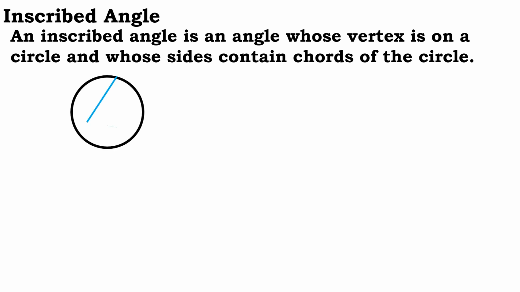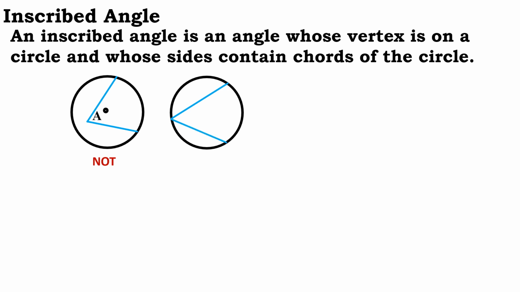Example here. Notice that there is an angle inside the circle, and let us name this as angle A. Angle A is not an inscribed angle. Why? Because the vertex is not on the side of the circle. Then another circle, we have here angle B inside the circle.